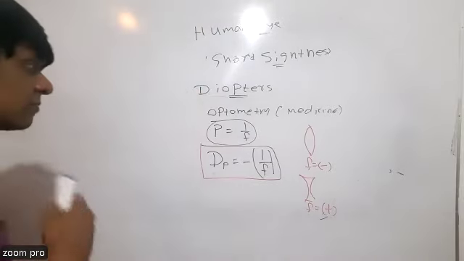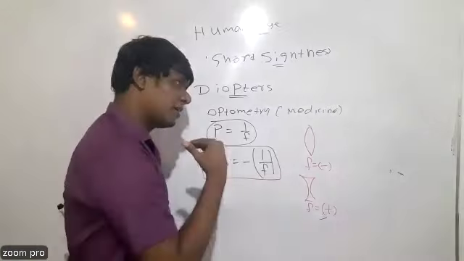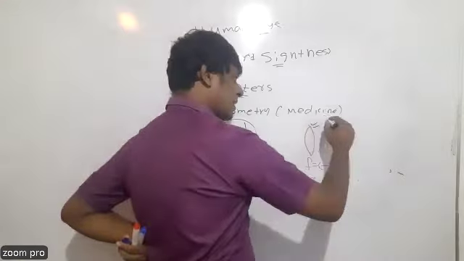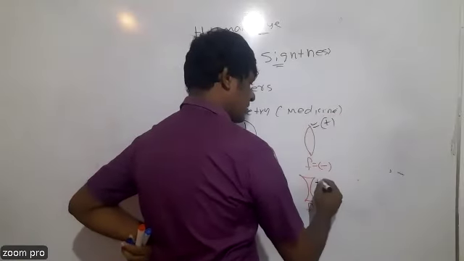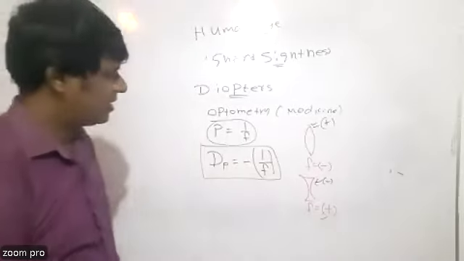But in optometry we use this one as positive and this one as negative. Sign convention is completely inverted.